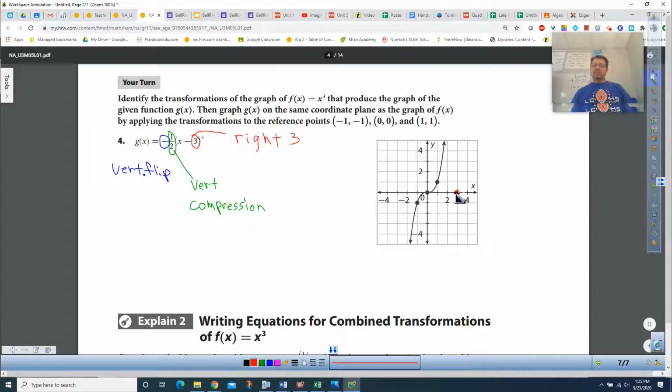So it's going to go over 2 and down 1, 2, and then this way. And so this guy is going to look more like this. Okay, we'd have to get more points to know for sure where the other stuff goes. But these points would be a rough start to what the transformation would look like.